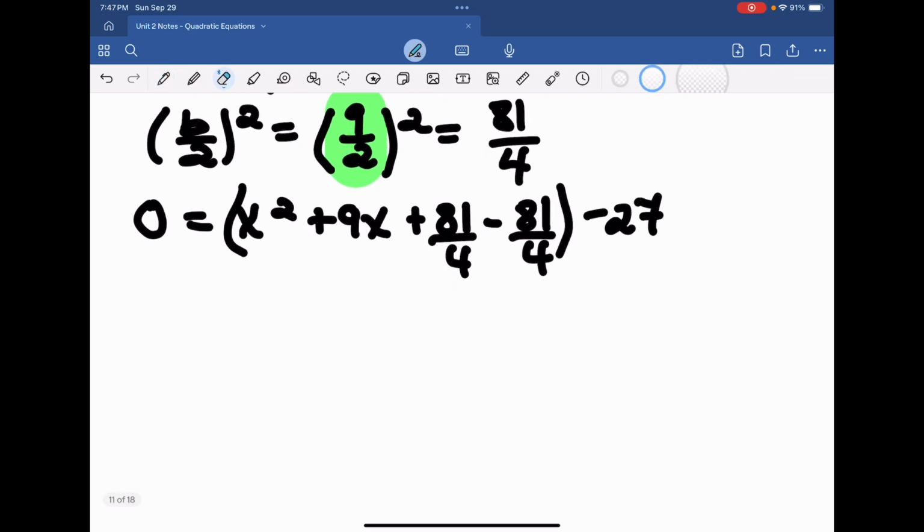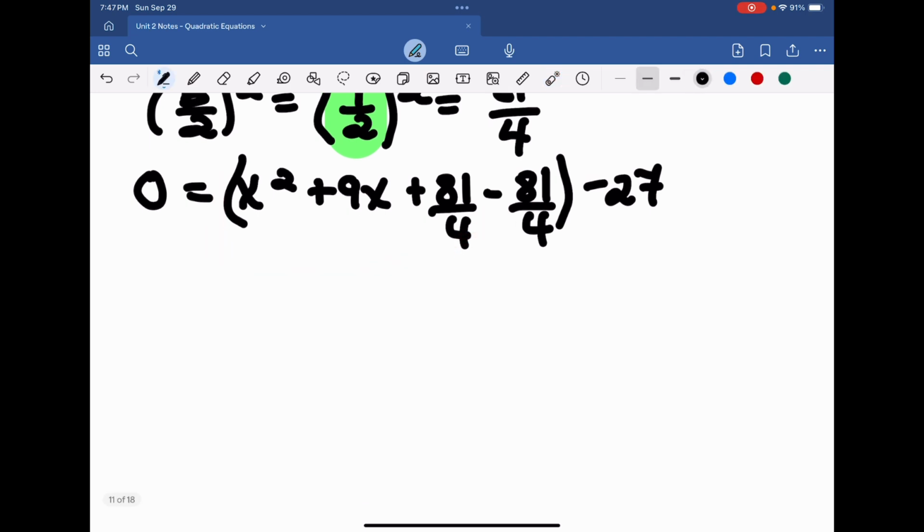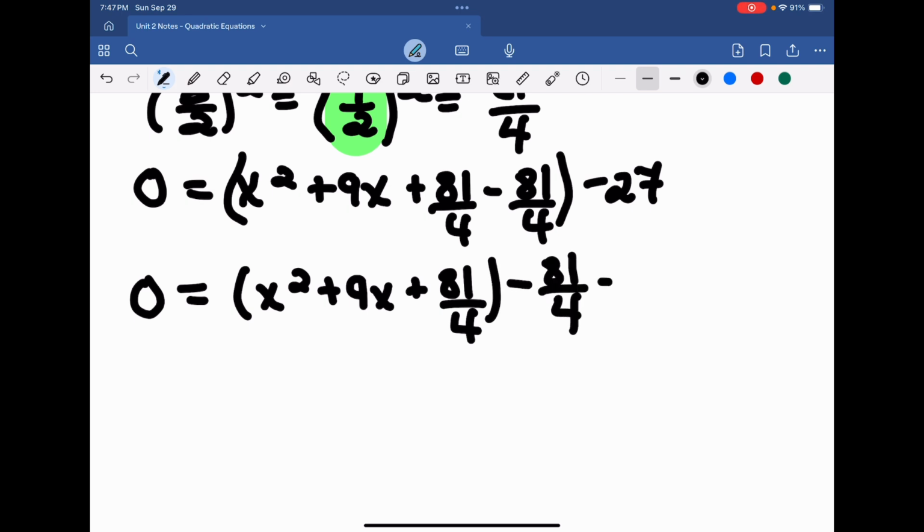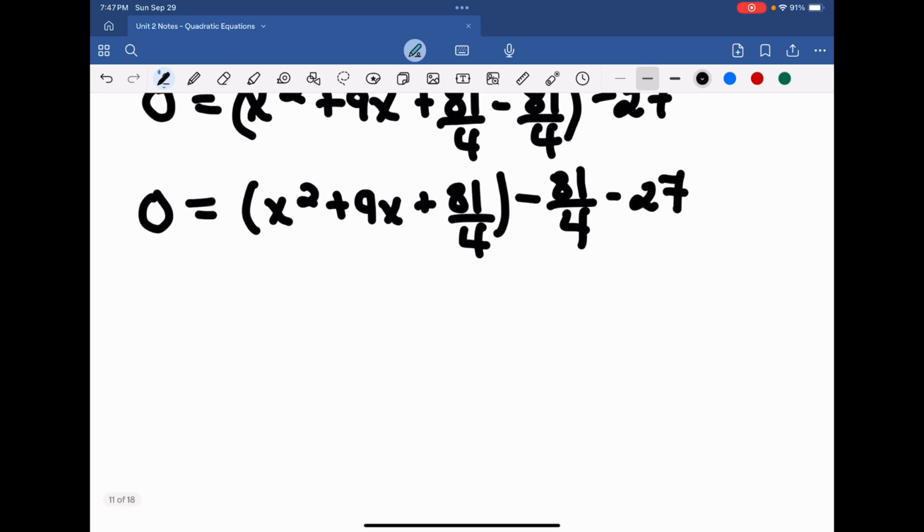In order to remove that 81 over 4 out, I would have to multiply it by the coefficient here, but the coefficient here is just 1. So when I multiply those two things together, it's going to be 0 is equal to x squared plus 9x plus 81 over 4. We're going to close the bracket. We're going to bring out the 81 over 4 minus 27 on the outside.